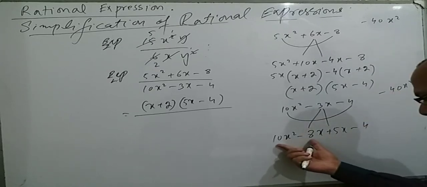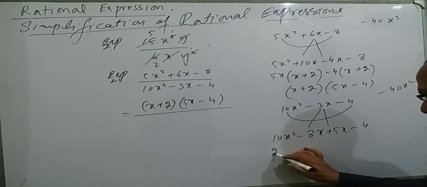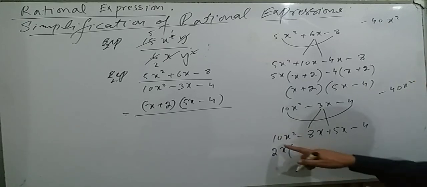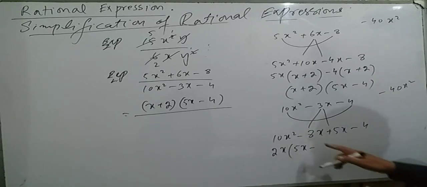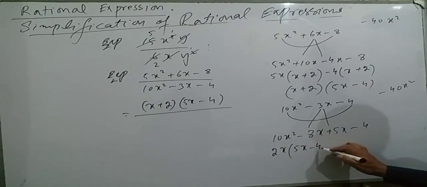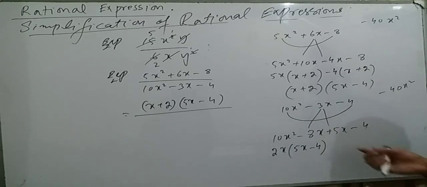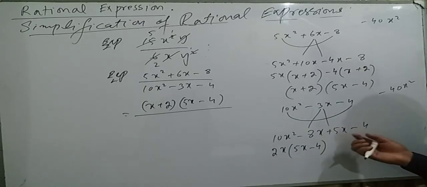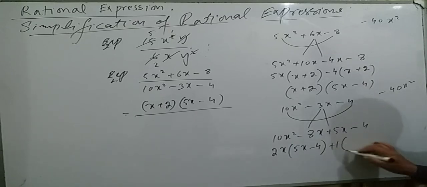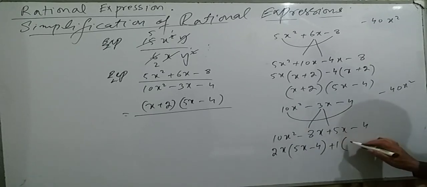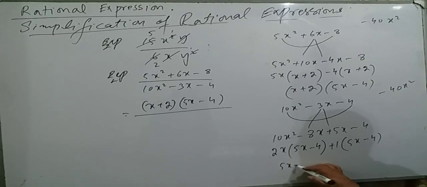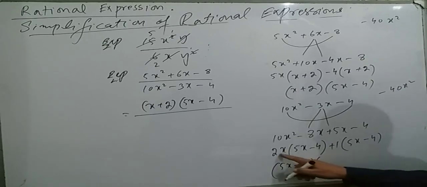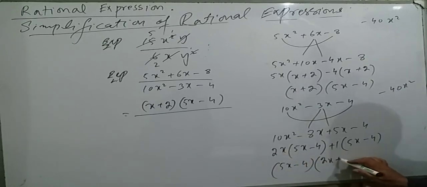Now what is common in these two? Take common 2 and x. What will remain? 5x, since 2 fives are 10, and minus 4, since 2 fours are 8. And what is common in these two? Nothing is common, so take plus 1 common. If you take plus 1 common, what will remain? 5x minus 4. Now from these two, 5x minus 4 is common, what will remain? 2x plus 1.